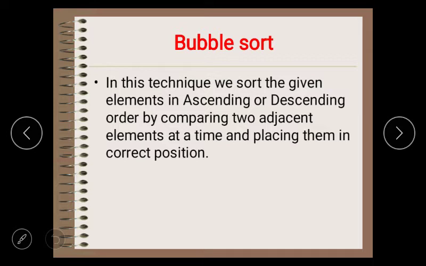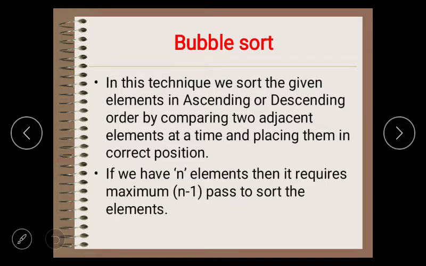If it is, we need to swap those two elements, and this process repeats until all the elements are arranged in ascending order. If we have n elements, it requires a maximum of n minus 1 passes to sort the elements. Let's consider an example, then we can easily understand.